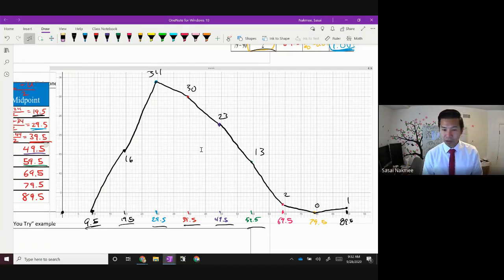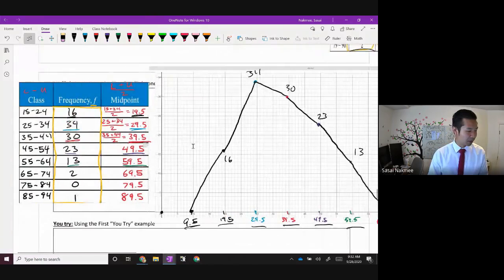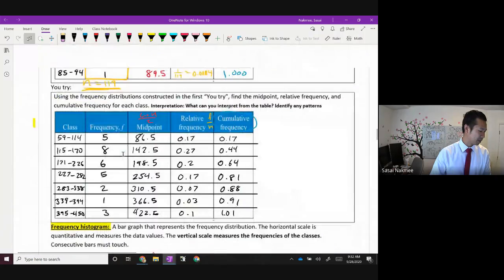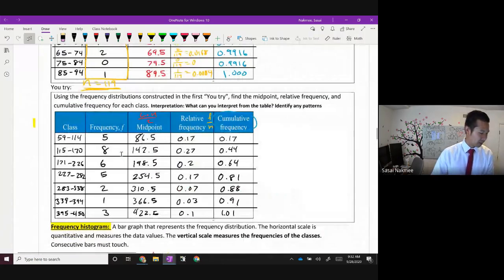The numbers we were using for the frequency polygon? Oh, the table. These numbers right here on the U-Try. Gotcha. That's this one right here. So go ahead and screenshot that. Yeah, the table. There you go. Let me know when you got it. Thank you. I'm assuming you got it.